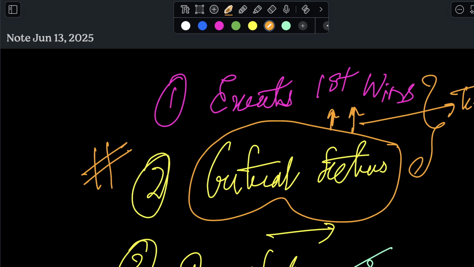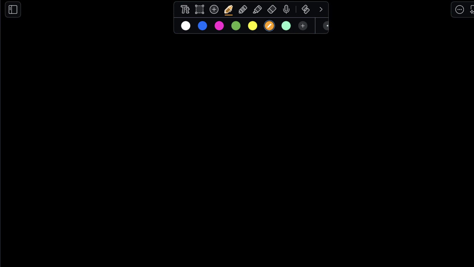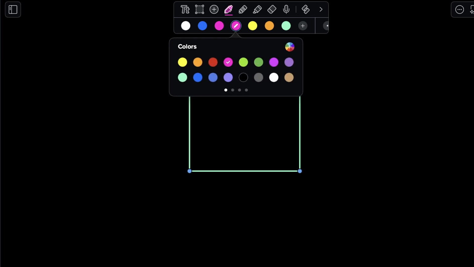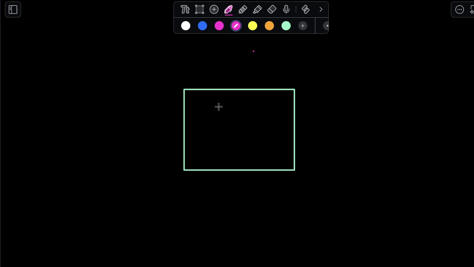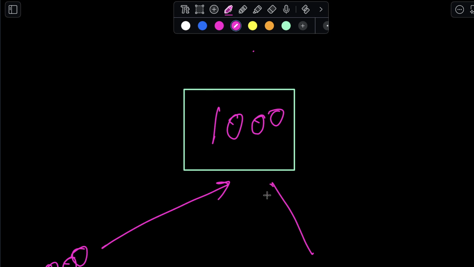You can think of the ATM analogy as well, right? Suppose two people are trying to access your account, and one has a very fast system. Suppose you have 1,000 rupees in your account, and person P1 wants to withdraw 1,000, and person P2 also wants to withdraw some amount greater than that.